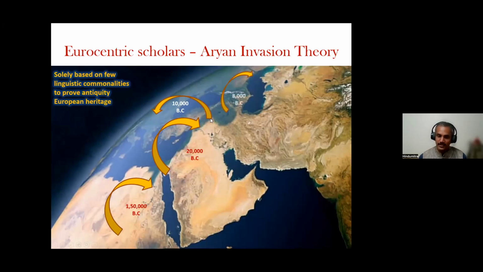And from there, people went to North Asia or Eastern Asia around 8,000 BC. And from there, around 2000 BC, a race called Aryans from the Middle East came to India, to this Sindhu civilization, Sindhu Saraswati Valley or Indus Valley.